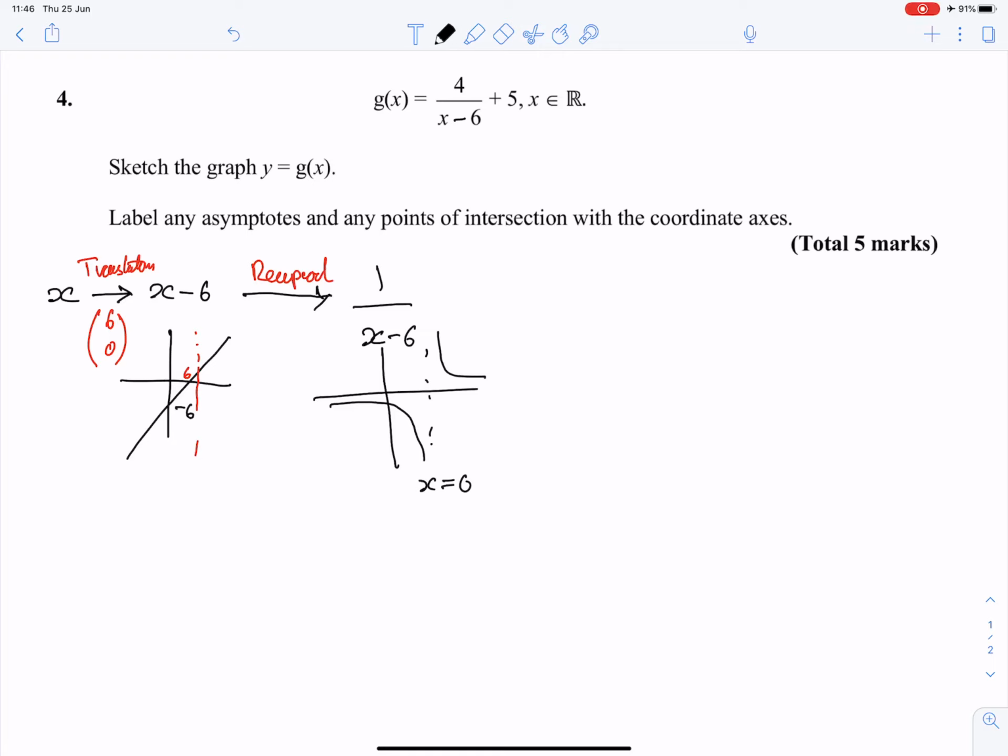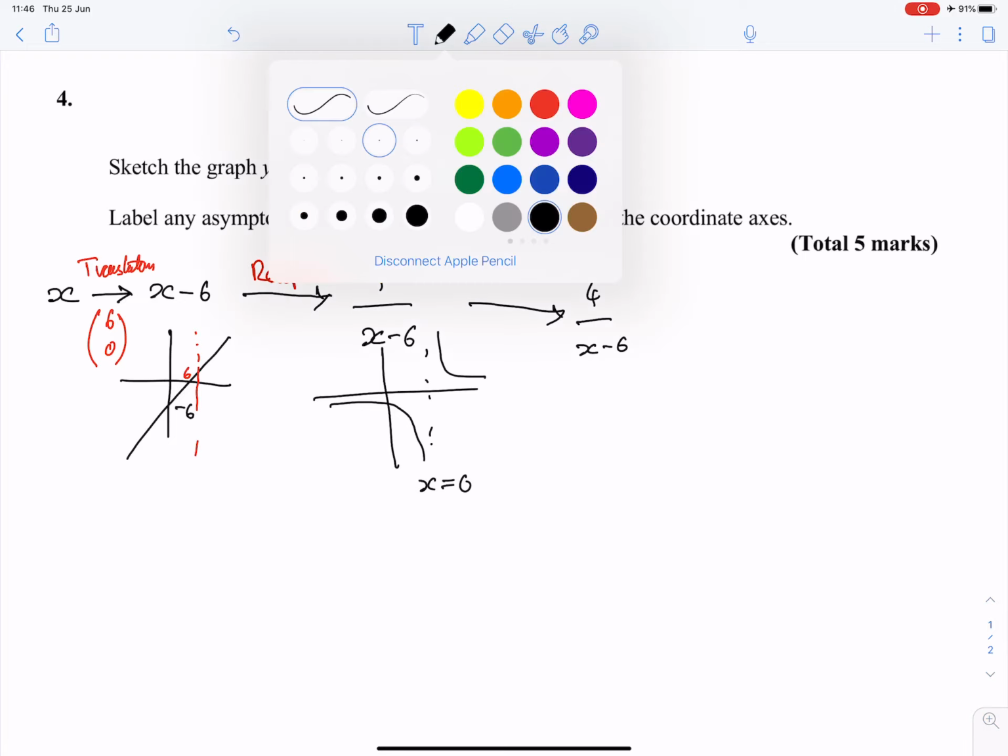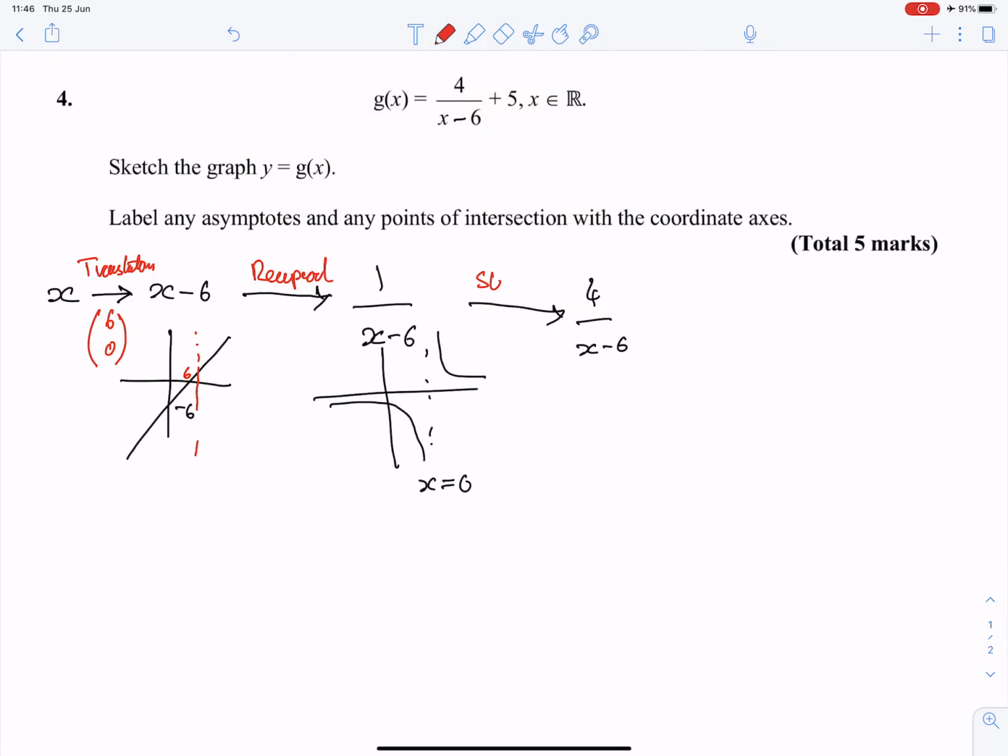Now we multiply by 4. So we get 4 over x minus 6. So we know that that's a stretch, scale factor 4.